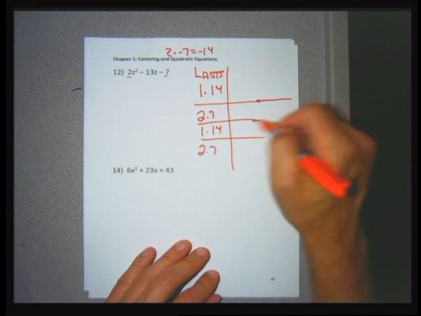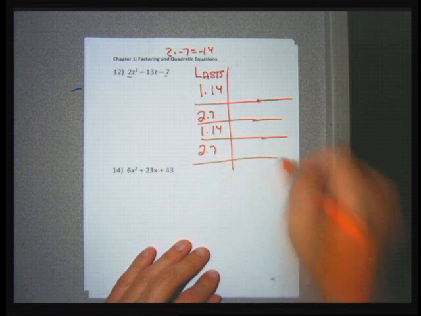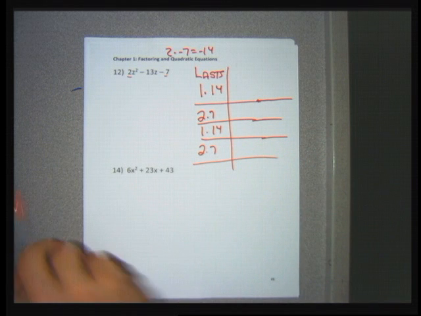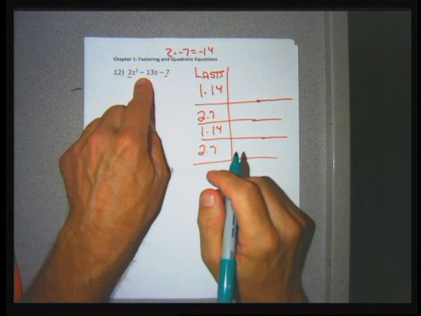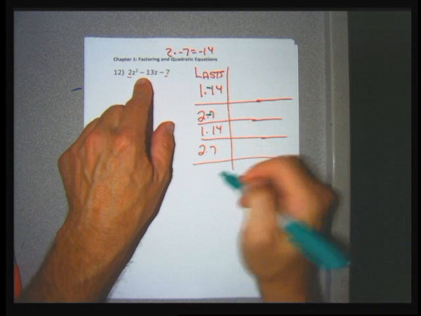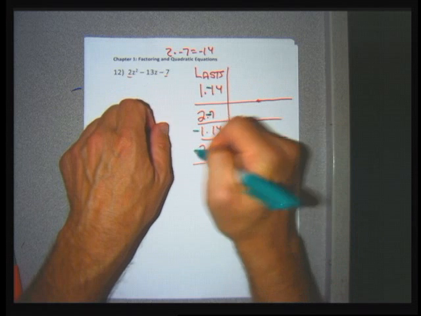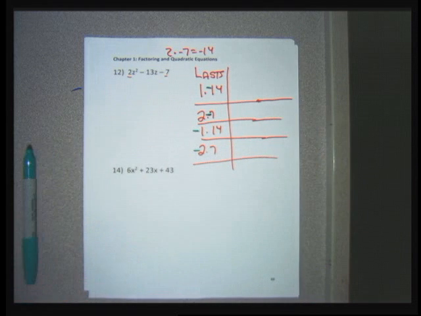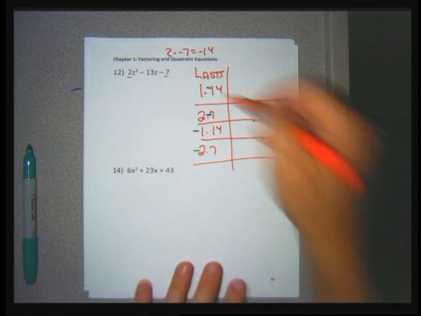And if I'm being efficient, I know which one needs to get the negative sign, because I'm trying to get a negative in the middle. In order to get a negative in the middle, the negative sign has to go with the bigger number. If you put the negative sign with the smaller number, you're not going to get a negative, you're going to get a positive.